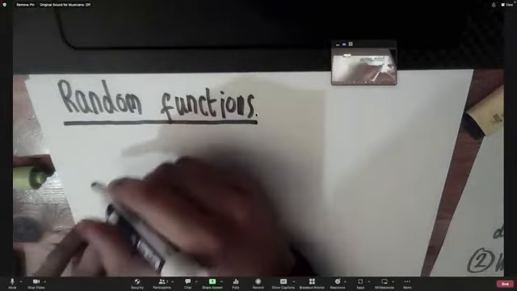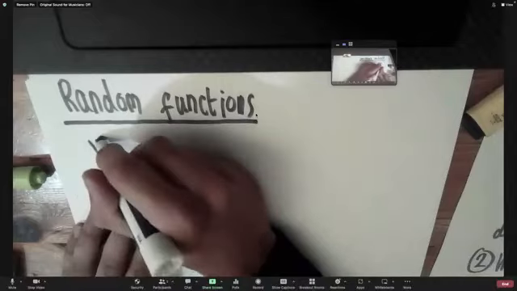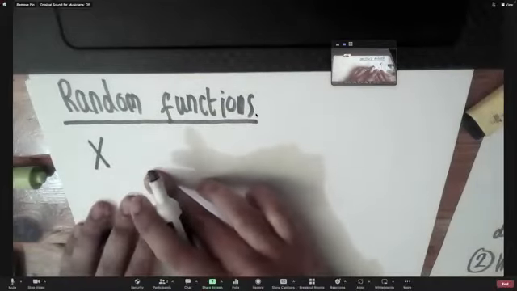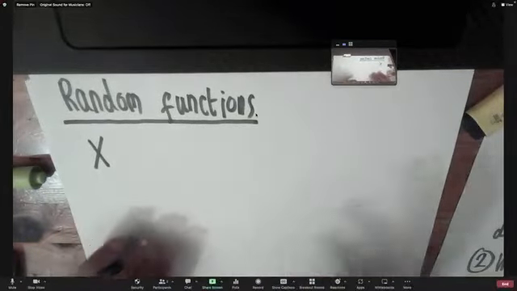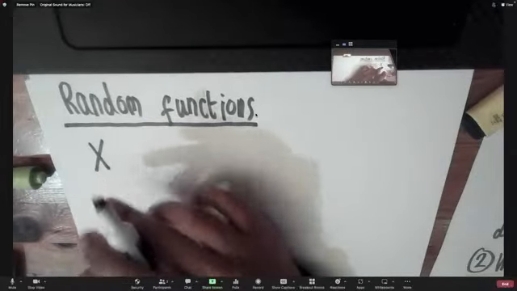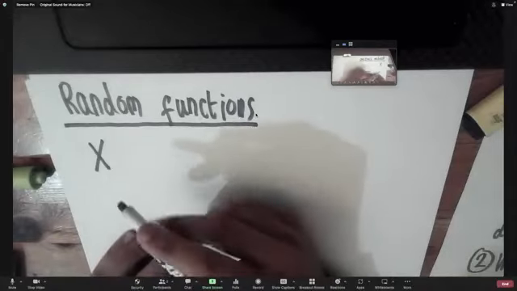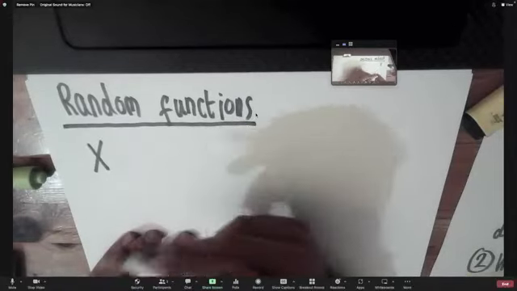More concretely, I'm going to write our random function with a capital letter X, which already might be a bit suggestive because capital letters are often used for denoting random variables. And indeed, this is a random variable valued function.